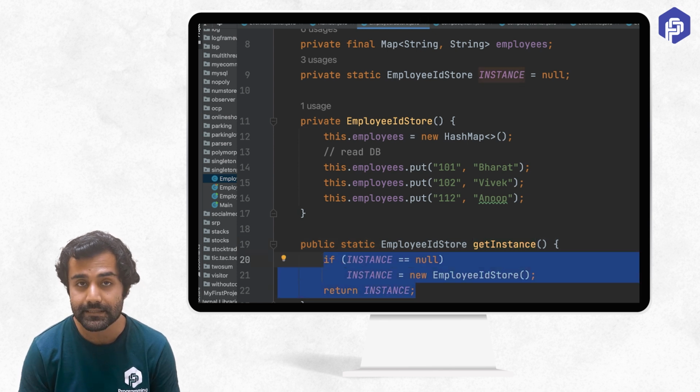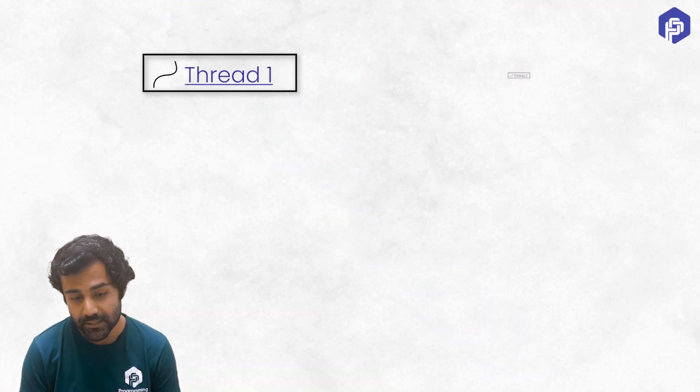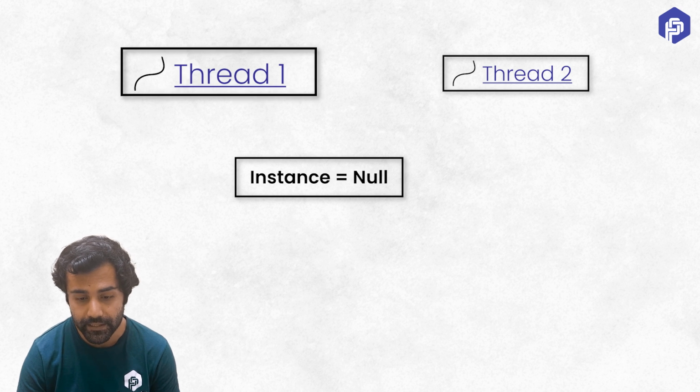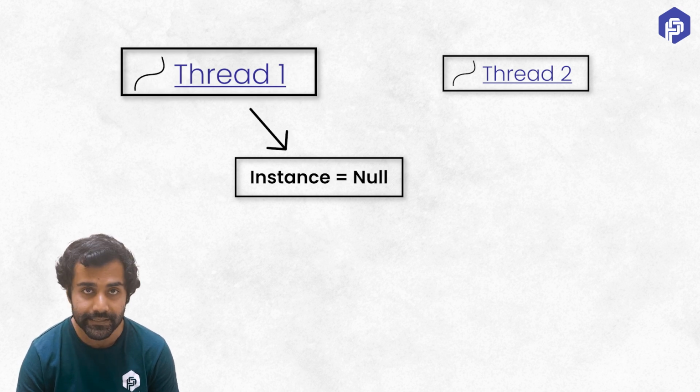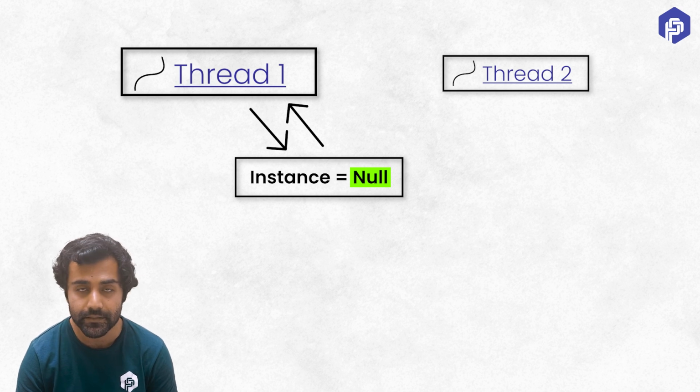Now just read through the logic present over here. What do you think? Is it a compound action and can it result in issues? Just pause and think. Okay, so let's look at it. Let's say thread 1 is scheduled and thread 1 gets inside this getInstance method. When it gets inside, it sees that currently the instance is null, because that is what we have initialized it to.